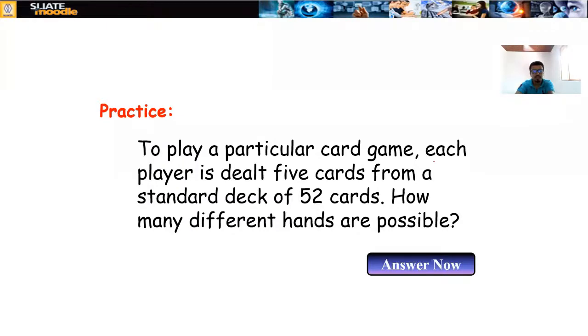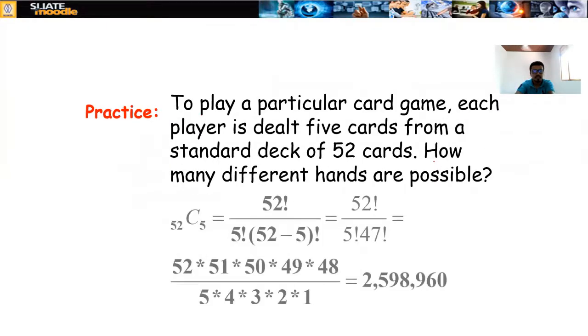So what should be the answer here? 52C5. Out of 52 cards, we are going to select 5 cards. 52C5. The answer should be 2,598,960.